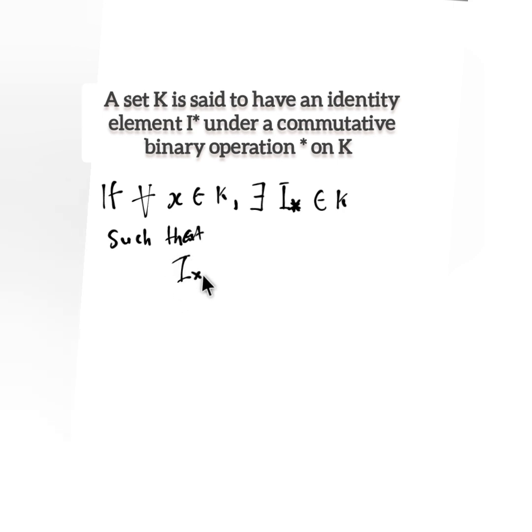the identity element operation x is equal to x operation the identity element, which implies that it is commutative, equals x.